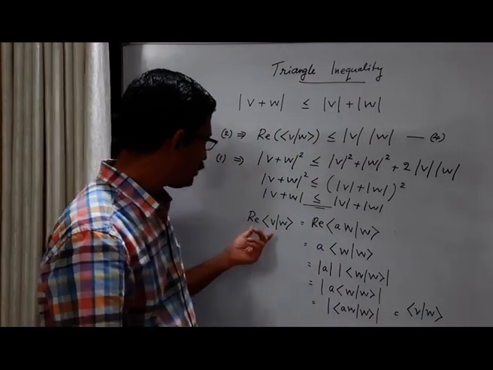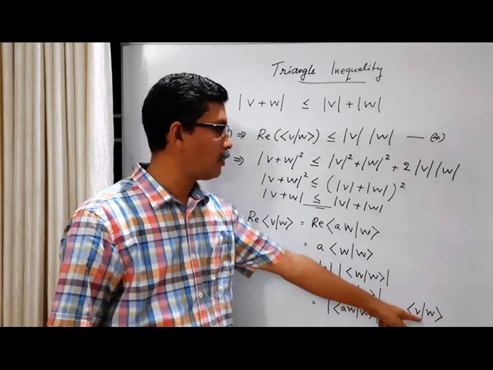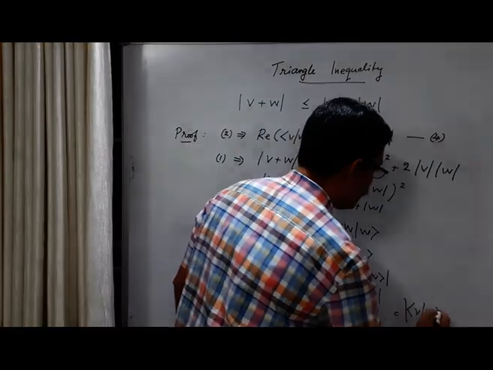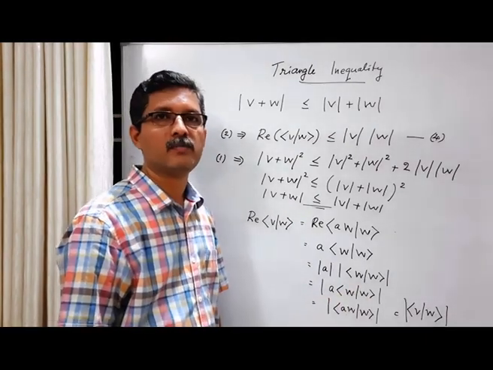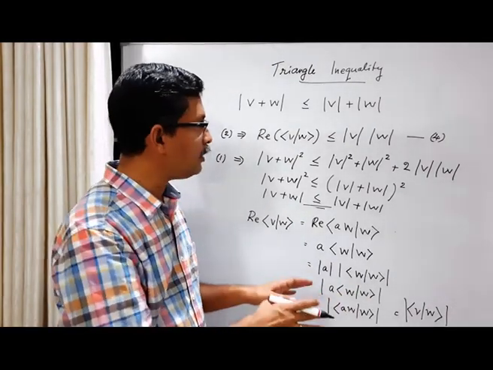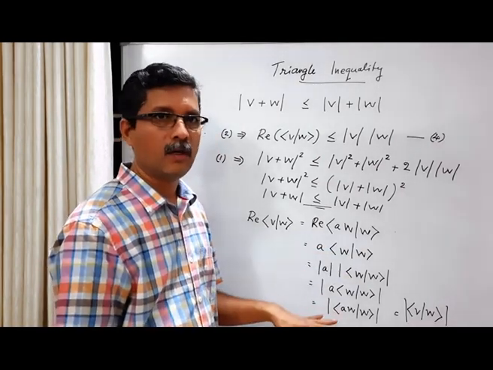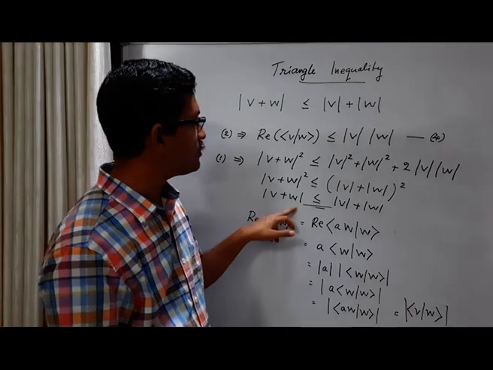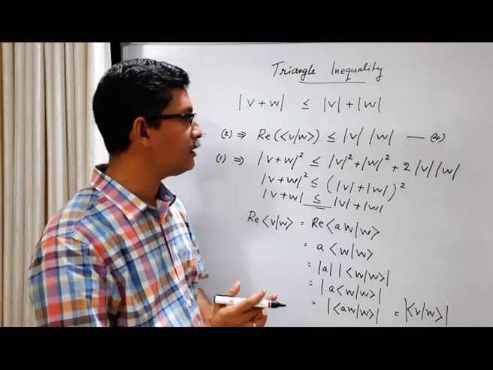So now real part of inner product of V with W is equal to modulus of inner product of V with W. So the second inequality also becomes equality. So when the two inequalities in equation 2 and 3 become equality, then this becomes equality. So what is the condition for these two inequalities to be equality?